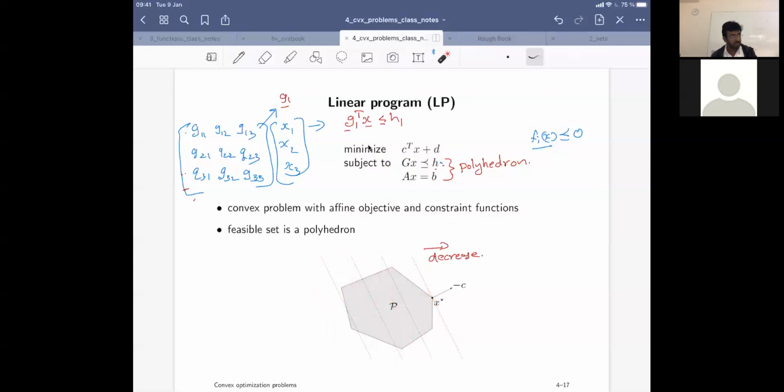Now you are trying to pick a point in this direction because the objective function is decreasing that way, but it has to be within this polyhedron. So that will pick this point. You can see that in linear programming, the optimal point will always be at a vertex, the corner points.